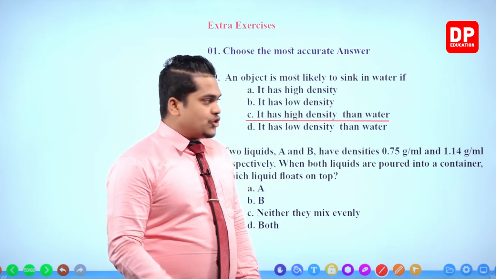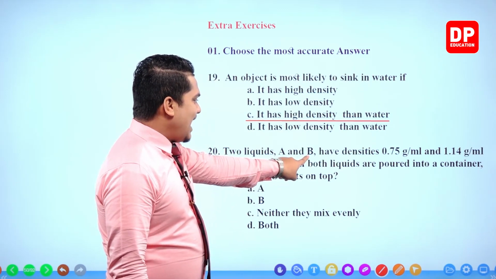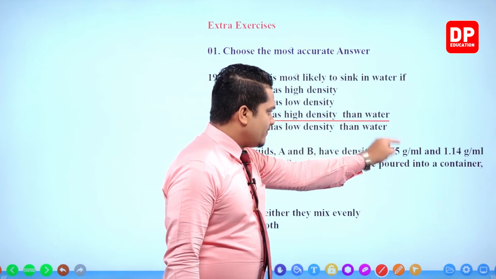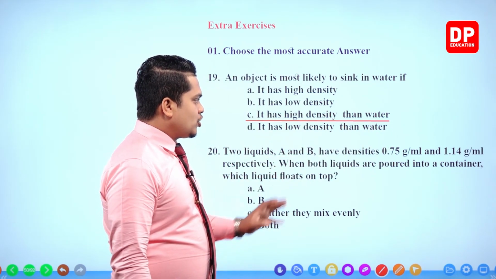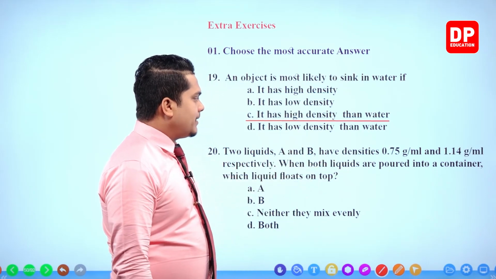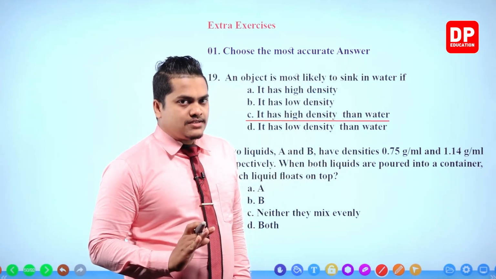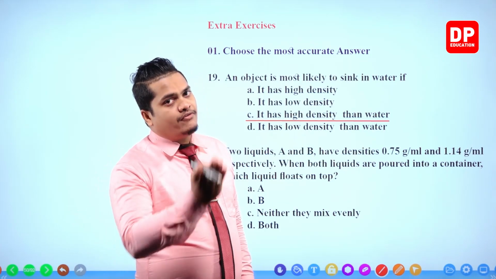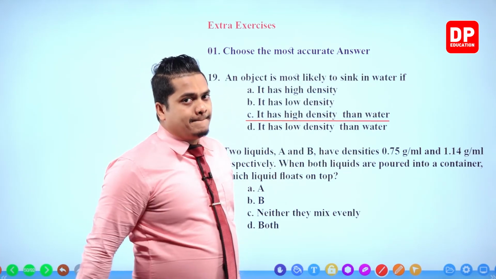So out of these two, B has the highest density, A has the lowest density. So the question is asking which liquid floats on top. So go for the answer which has the lowest density, because low density ones are floating or going up.